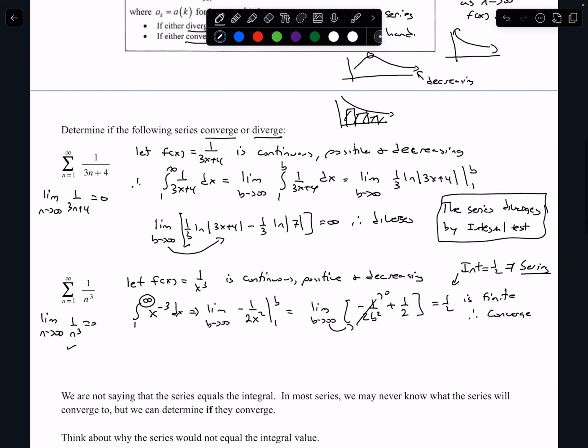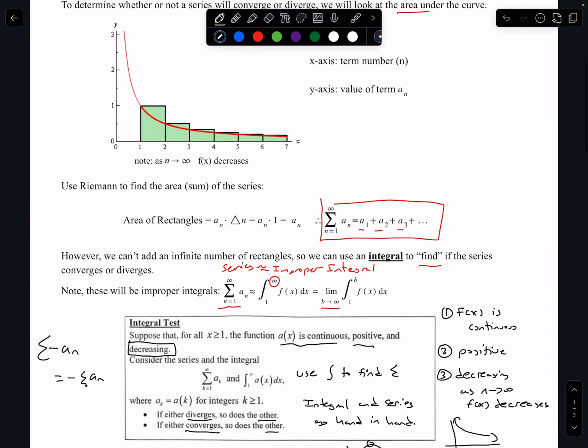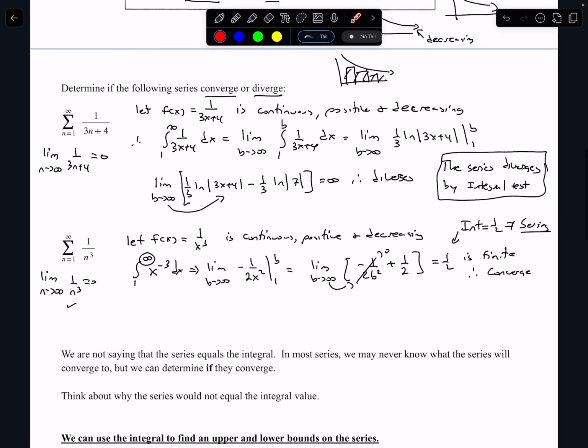Because remember, when we looked at the area underneath here, the series is those rectangles. They're not the same as the area of the integral, which is the function itself. They're not the same. But we're just saying that, hey, because the integral is converging, and if the integral stops, we're saying that the series also must stop.